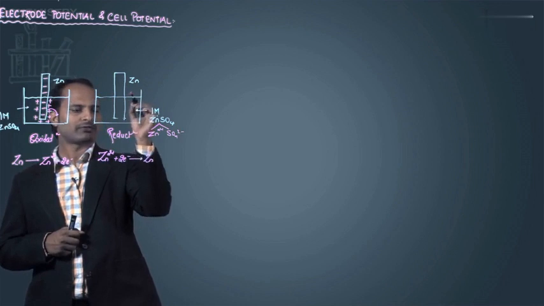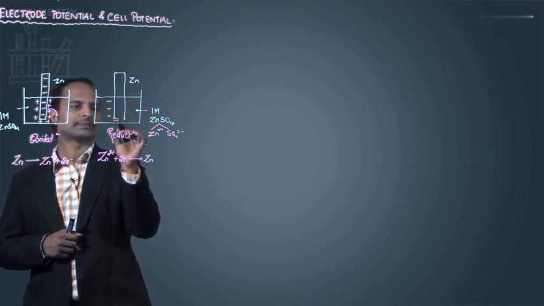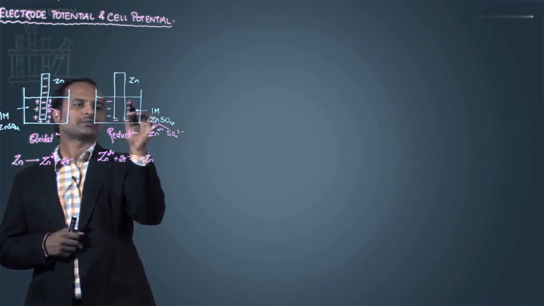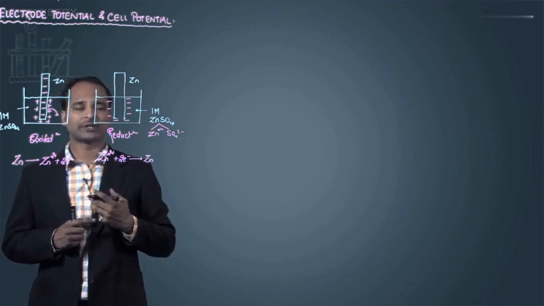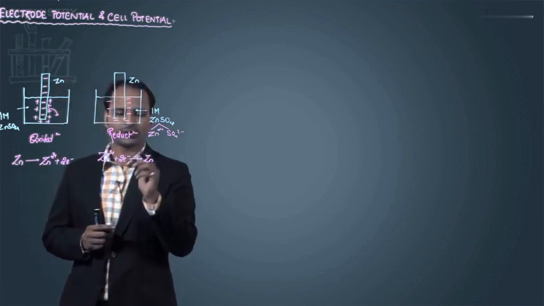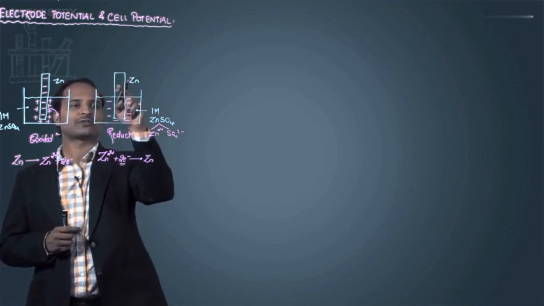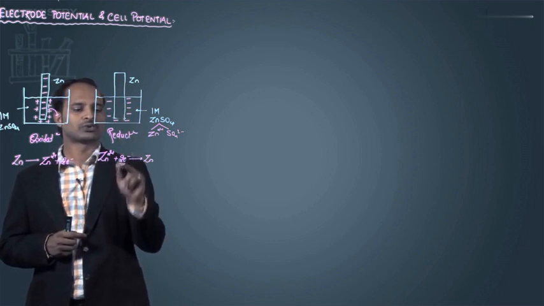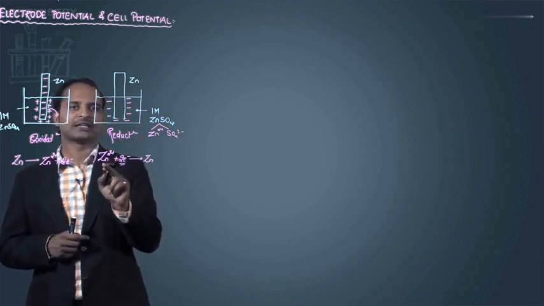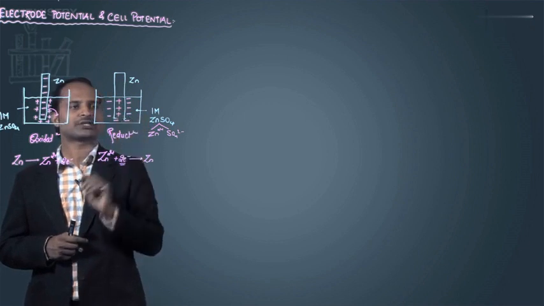Ultimately, inside the solution the number of positive ions decreases, so the solution becomes negative. The zinc ion reaches the electrode and gains electrons, which means the electrode is losing electrons, and that's why the electrode will have positive charge.